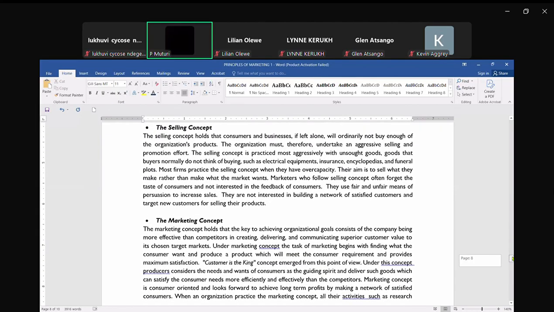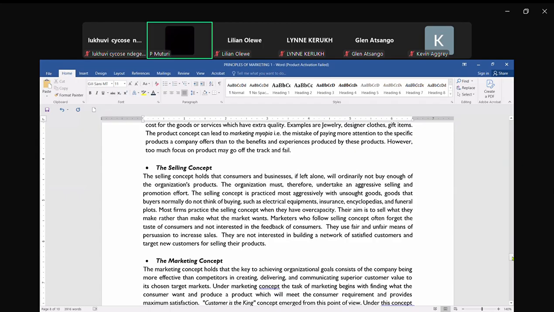So it's still applicable, but nowadays they are combining it with also answering to the consumer needs with those insurance products and so on. So most firms that practice a lot of selling will have salespeople. They will have a lot of effort towards convincing people why they need to buy that product. So it tends to have a lot of salespeople selling involved, and a lot of aggressive promotion.